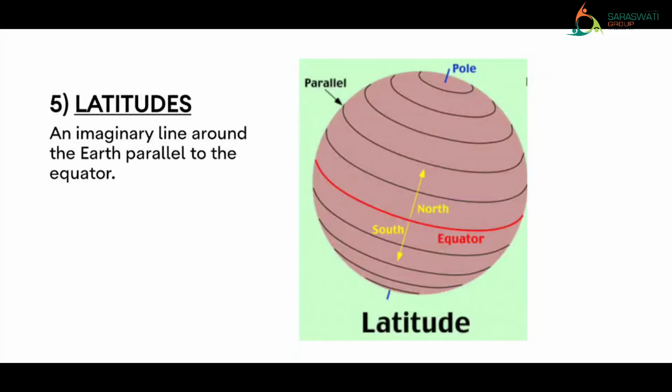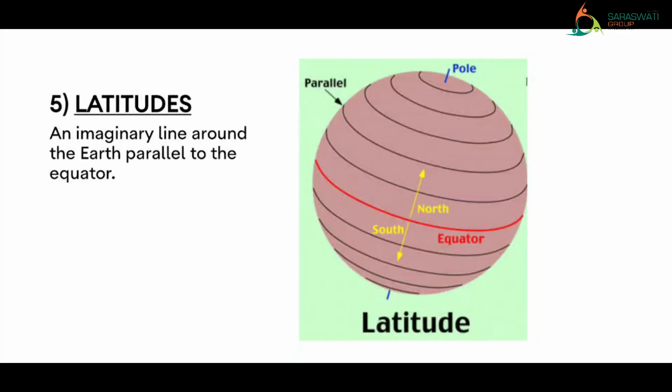This equator divides the earth into the northern and the southern hemispheres. And there are a few lines which are drawn parallel to the equator. The black color lines, yes, they are called latitudes. And they are parallel to the equator, which means they never meet each other or crisscross each other.